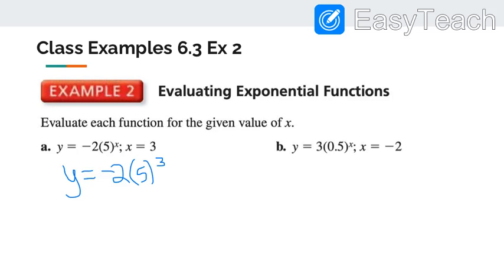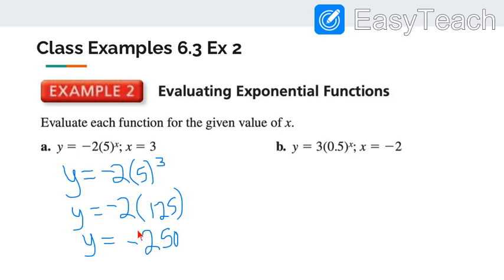You can plug this in on Desmos, or you could work it through step by step. If you choose to work it through step by step, you would get negative 2 times 125, which would then, our y value here would be negative 250, meaning the input of 3 gives you an output of negative 250. It's a very fast change.